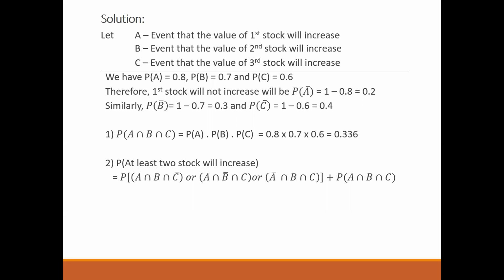Then we have the OR condition, the other combination where A and C are going to increase but B is not going to increase. Similarly, we have the third combination, and plus we have an option where all three are going to increase. Because they have used the word at least, that means even three can increase. And that is the reason at the end we have plus P(A and B and C).